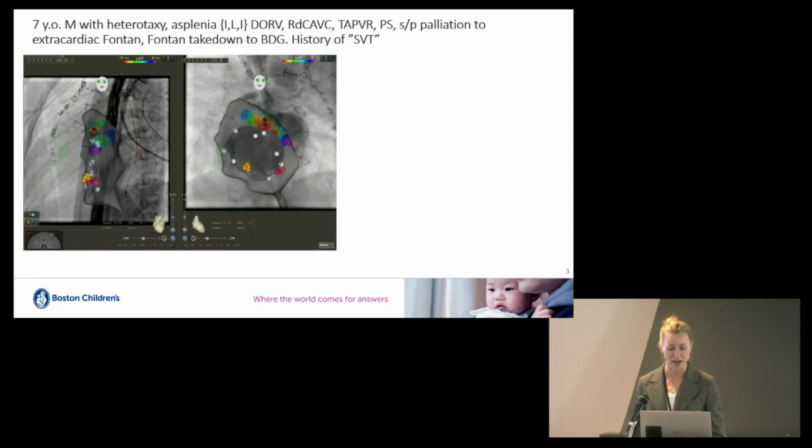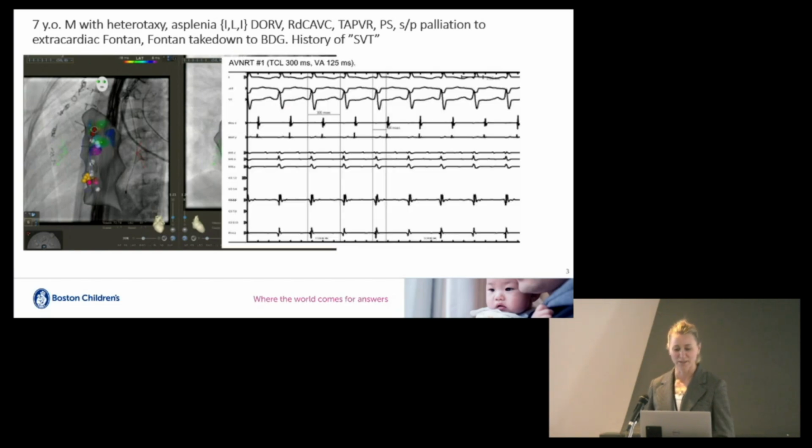We brought him to the lab, where in fact we did confirm that there were 2 nodes that we could map out. One is in that yellow cluster down below. That was where we thought the dominant conduction was going through. But then the cluster in the center of the rainbow is where we mapped out the retrograde conduction of this tachycardia.